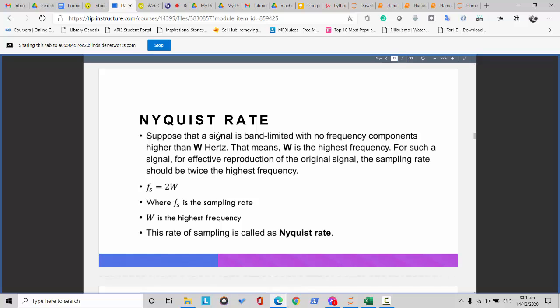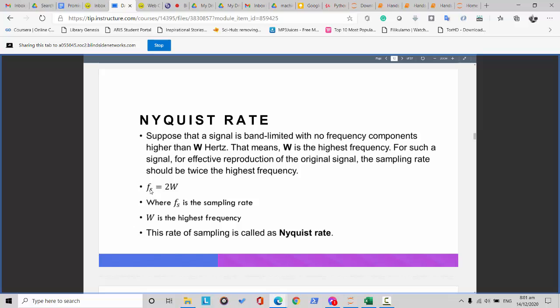The Nyquist rate is stated here. Suppose that a signal is band limited with no frequency components higher than W hertz, which means W is the highest frequency. For effective reproduction of the original signal, the sampling rate should be twice the highest frequency.